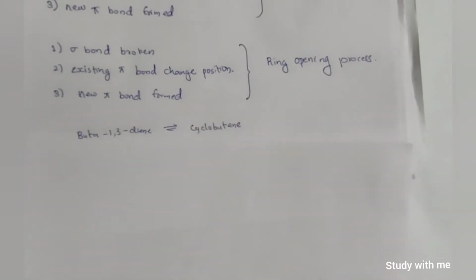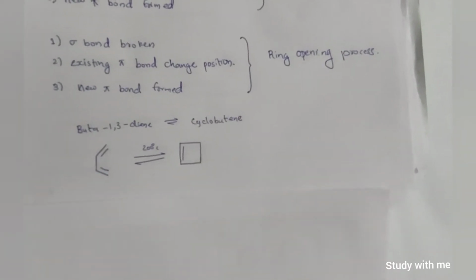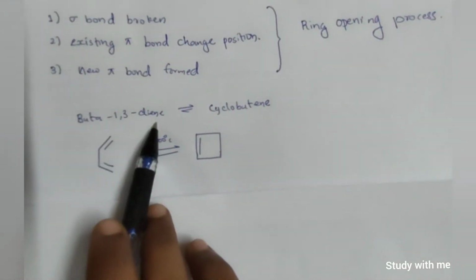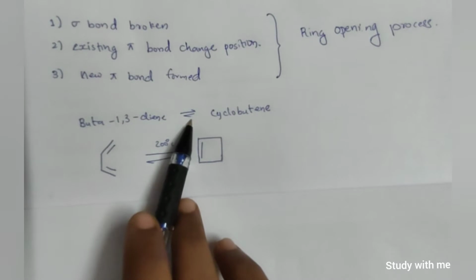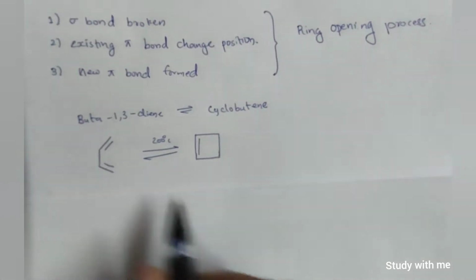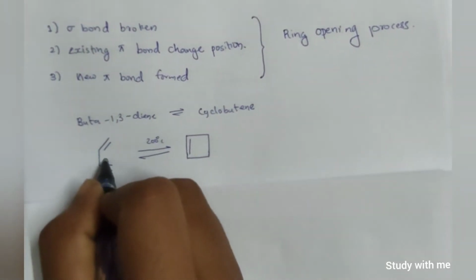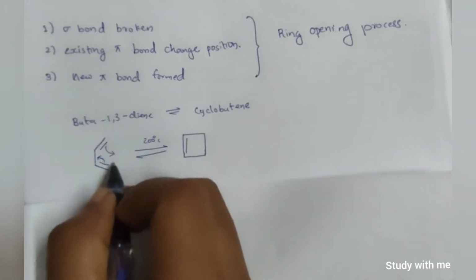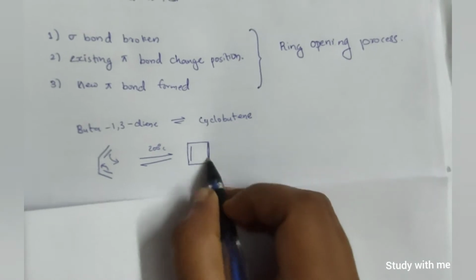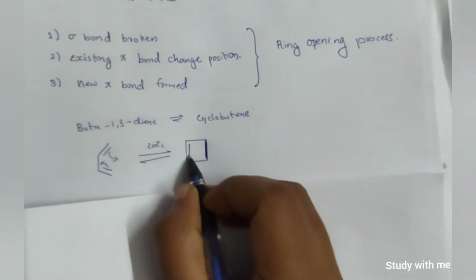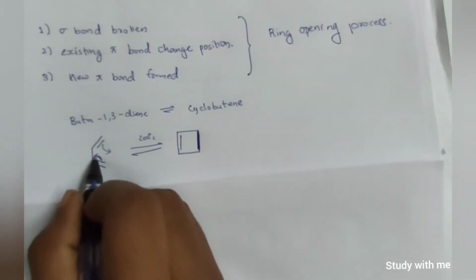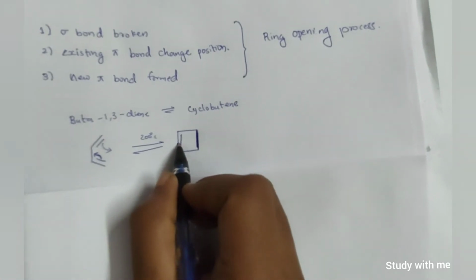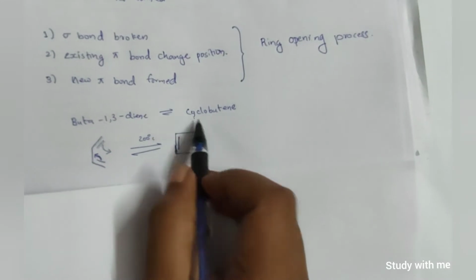This is the example for the electrocyclic reaction. Here, buta-1,3-diene is converted to cyclobutene. Here, this will go to here, and this will go to here and form a bond, that is this bond, and this is a single bond, and this bond goes to here, so this will have a double bond here, so it is called a cyclobutene.